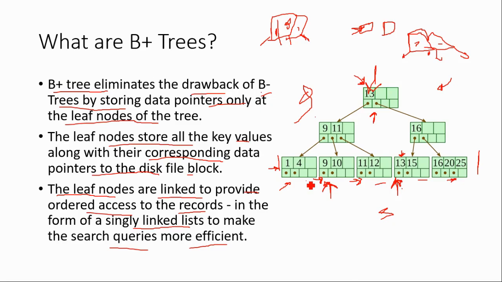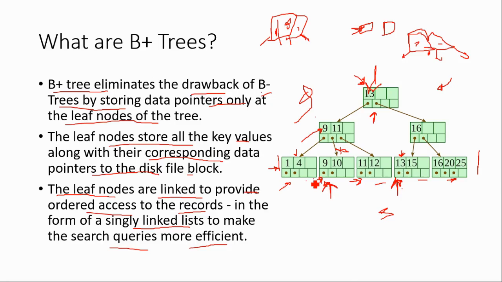Because if these links were not there, then if we don't get the data at a particular level, we have to go back to the parent level, then return to the next leaf. If it doesn't occur there either, we have to go to the parent level again. So there will be more accesses, and those are redundant accesses. It is far better to link these nodes with a linked list, which allows easier access.